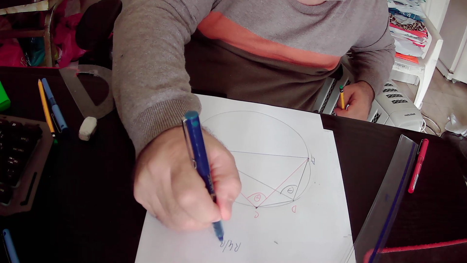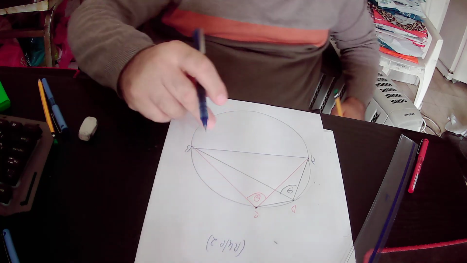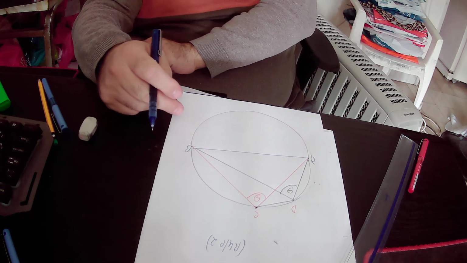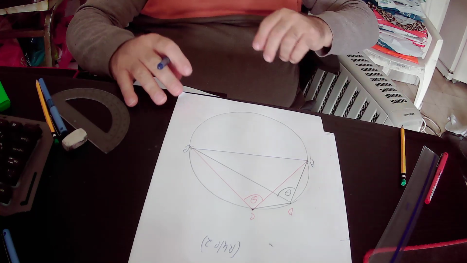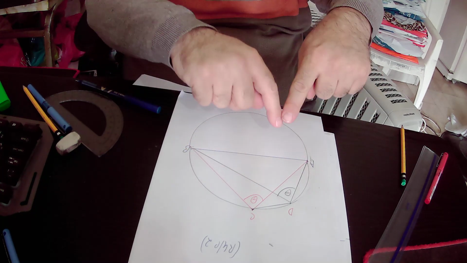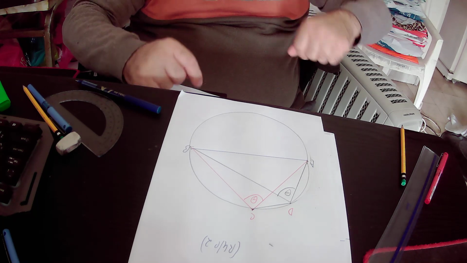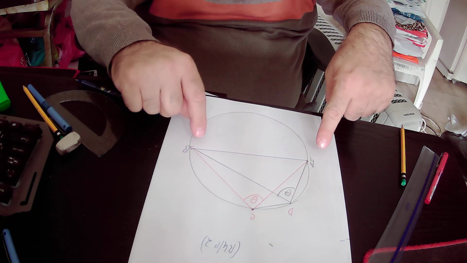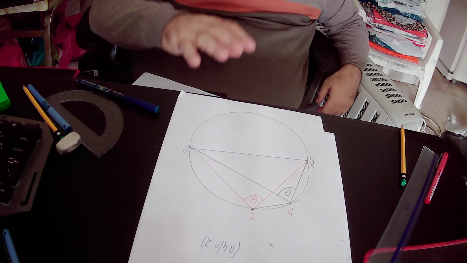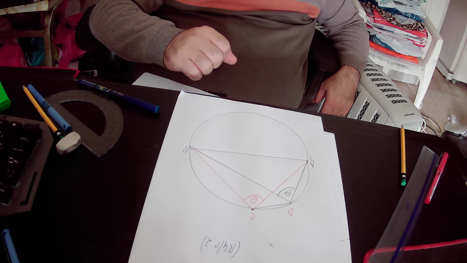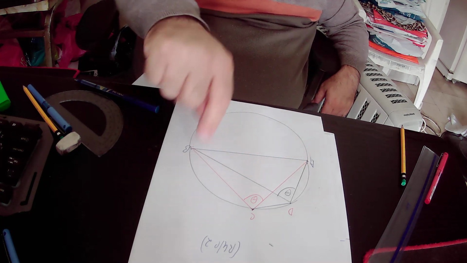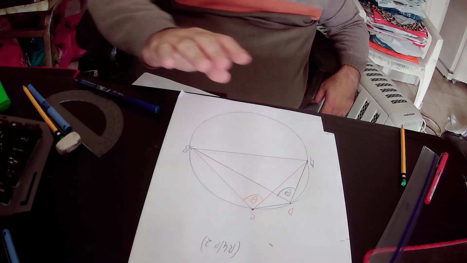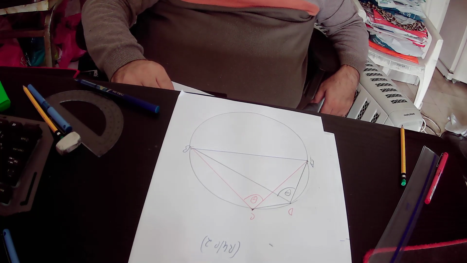I will repeat again: if we have line segment AB and on it two equal angles that rest on that line segment, then according to rule number 2, the quadrilateral ABCD is inscribed by a circle, and the 4 points A, B, C, and D lie on this black circle. Okay, so this is the meaning of rule number 2.